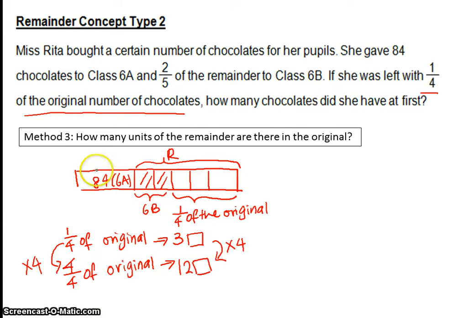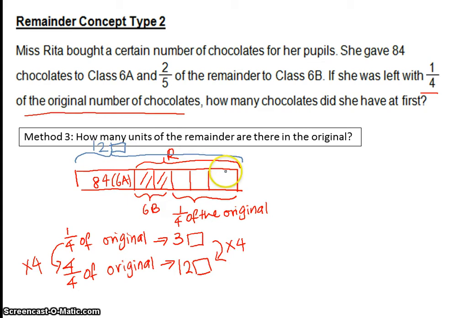Okay, so in other words, this whole bar can then be represented by actually 12 units. Okay, this one is the same as this one over here.